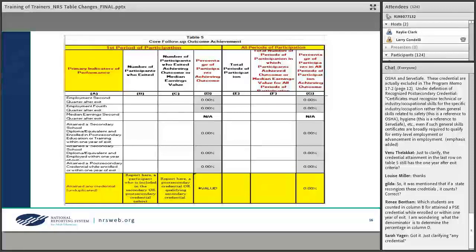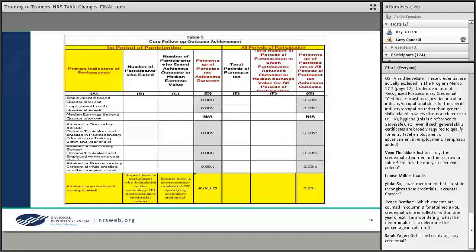Okay. I'm sorry. One more question from Renee and Carl. Renee asked, which students are counted in column B for attained a PSC credential while enrolled or within 1 year of exit? I'm wondering what the denominator is to determine the percentage in column B. Well, column B is all of the participants who are in a post-secondary program and adult ed.